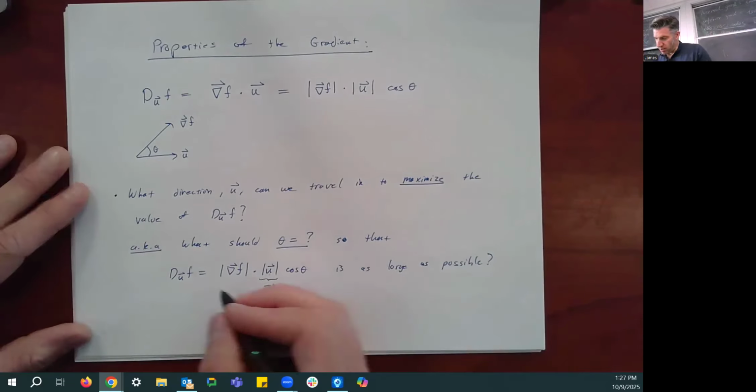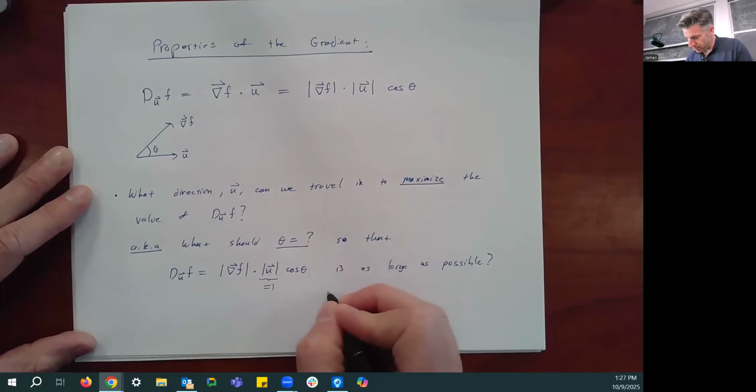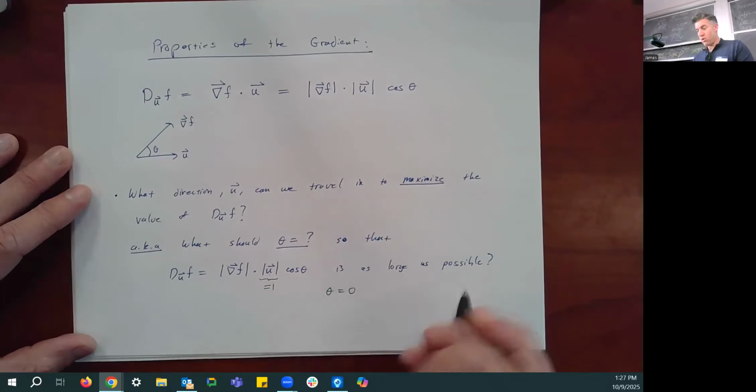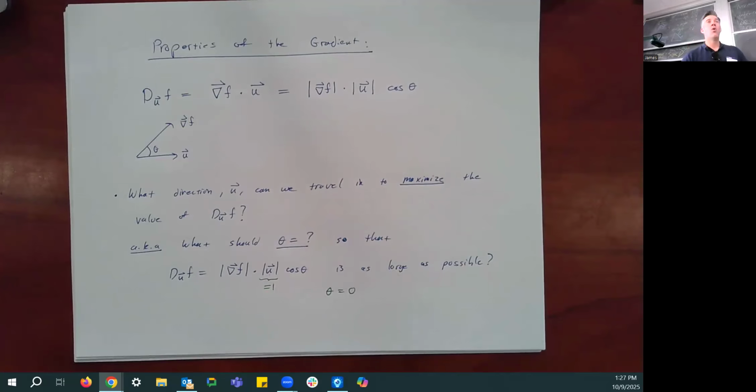So the angle should be theta equal to 0. Or in other words, the direction that we travel in to maximize the value of the directional derivative is the direction of the gradient, because if the angle between the gradient and the direction is 0, that means they're pointing in the same direction.